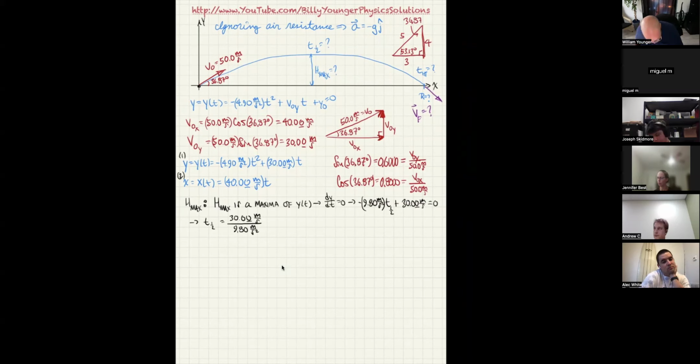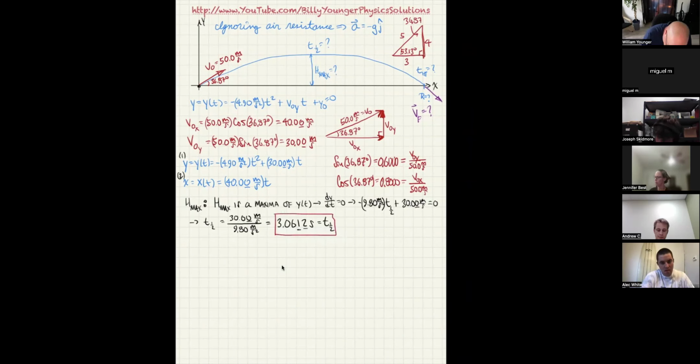Let's check. 30 divided by 9.8 is, oh, I did have the 6 and 1 backwards. So it's going to be 3.0612. Obviously, I only have 3 sig figs. I normally carry 2 myself, so I'm going to underline the 1 and the 2. And notice that that answer is t1/2 equals 3.06. So that is one of our answers, by the way.